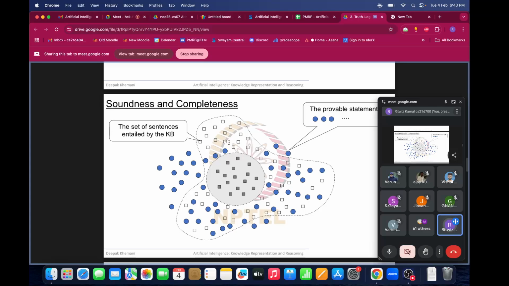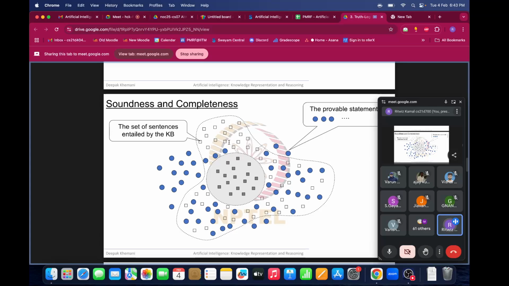But we cannot say that logical machinery is sound. Now let's say logical machinery derives only 3 sentences. But these 3 sentences always fall in the set of those 10 statements that are necessarily true. Then we will call that logical machinery sound but not complete because it cannot derive all the 10 possible true statements.